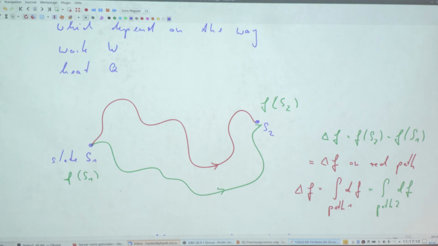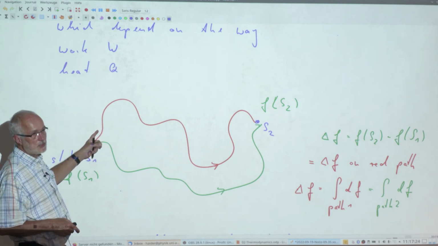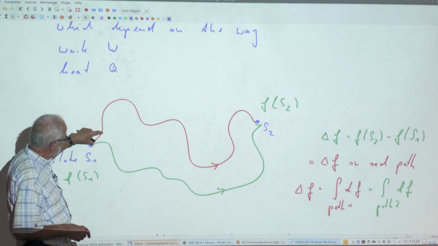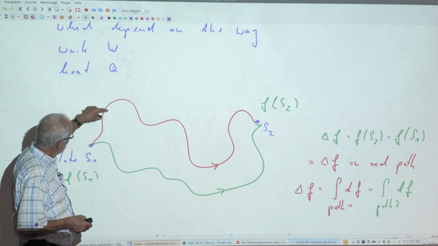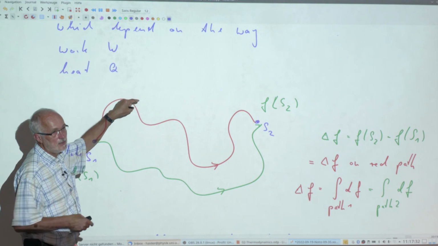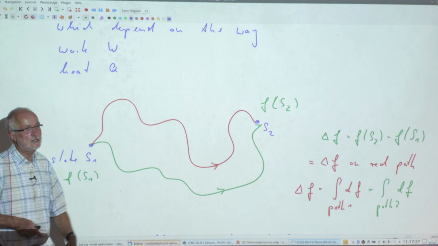But if at every point I determine the temperature and divide these little additions of heat by the temperature at this point, then I get a precise quantity which is independent of green or red paths.